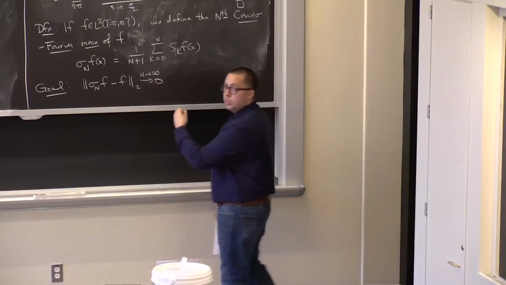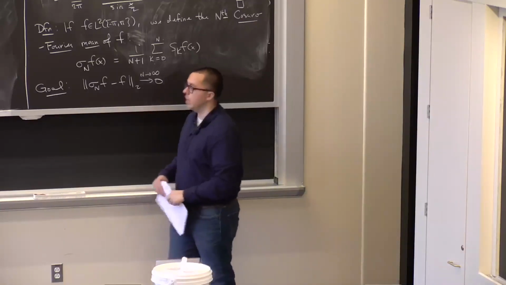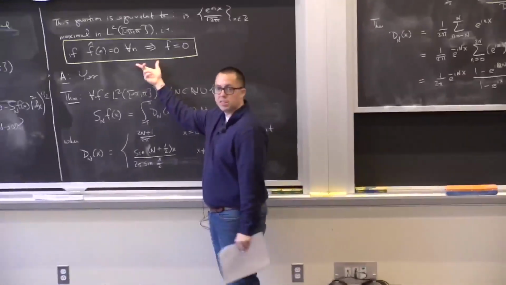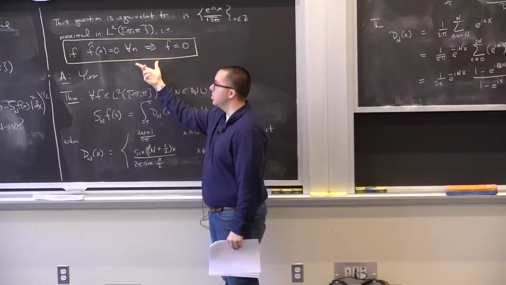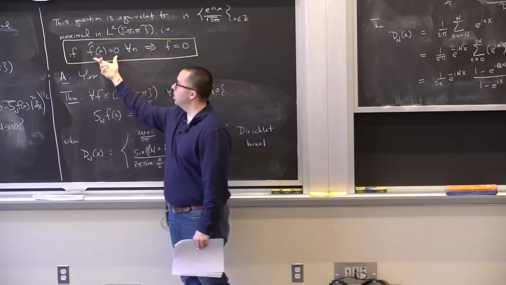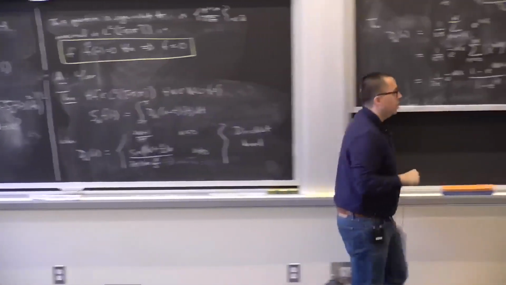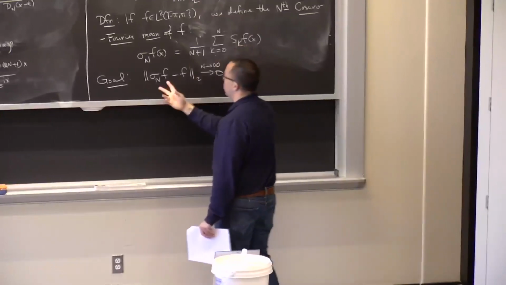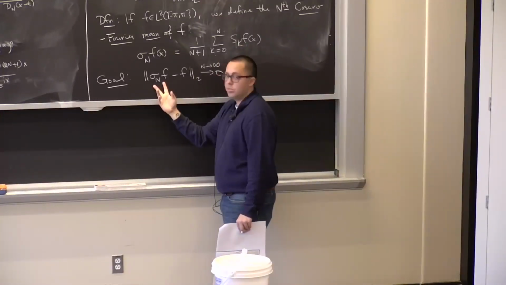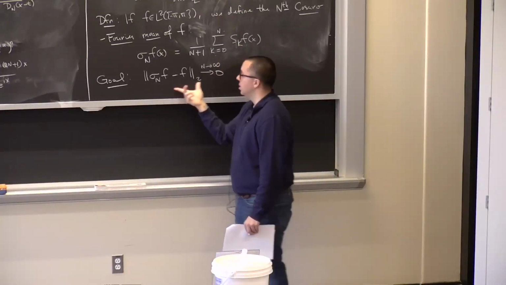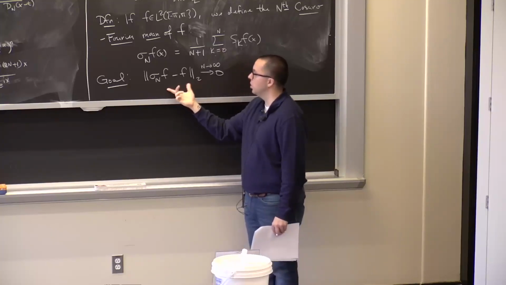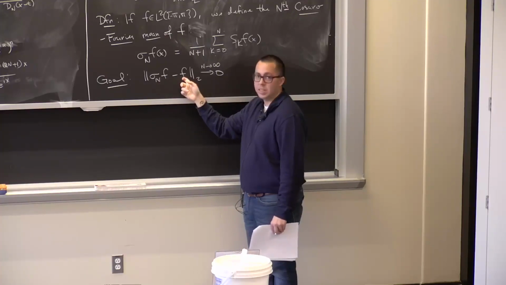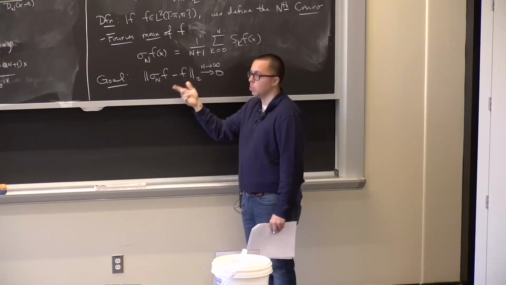Now, if we can do this, then we will have shown what's in the yellow box. Because if you assume all of the Fourier coefficients are 0, then all of the partial sums are 0, and therefore all the Cesaro means are 0. And by this thing that we're hoping to prove, this will show that 0 converges to f, and therefore f is 0, which is what we wanted to show.